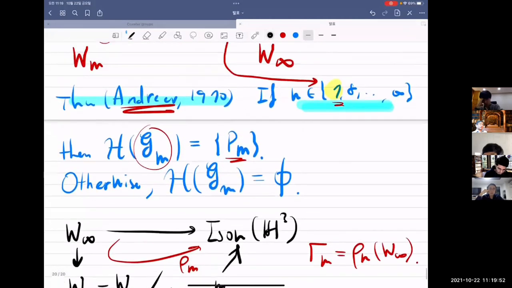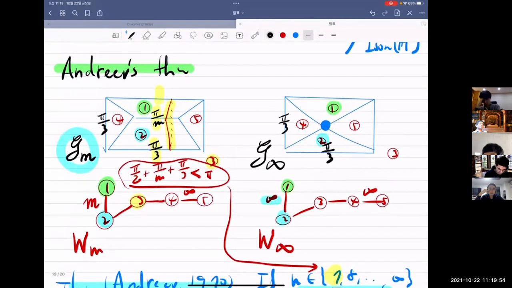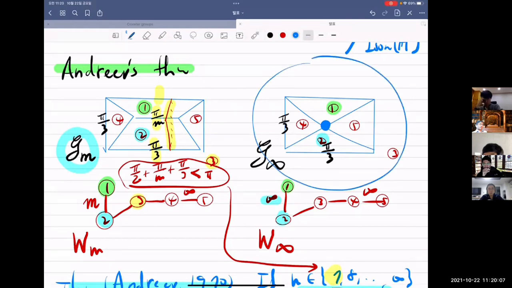So I think I should explain the relation between these Dehn fillings. On the right-hand side you have this guy, a three-dimensional hyperbolic Coxeter polytope. This particular vertex is an ideal vertex.